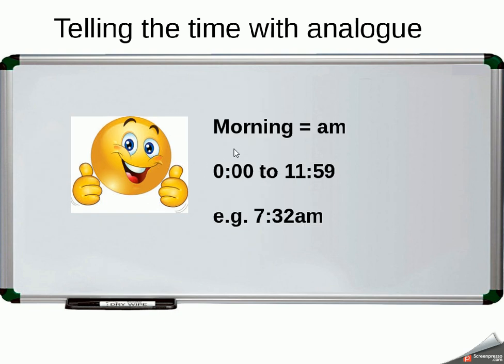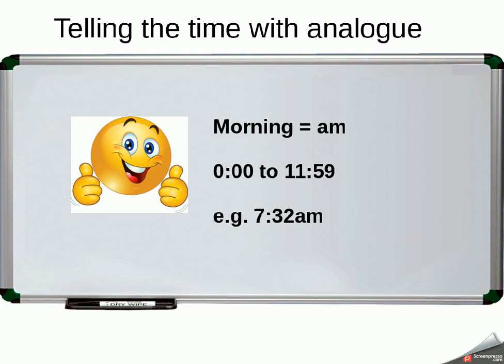Remember that in analog clocks, we often use this 12-hour time and 24-hour time. Analog clocks don't really use 24-hour time, but we can convert it, which we'll look at in another video. Digital clocks can use 12-hour time or 24-hour time, but we tend to associate them with 24-hour time, whereas analog clocks, because they've got 12 numbers on them, we tend to associate them with 12 hours time.